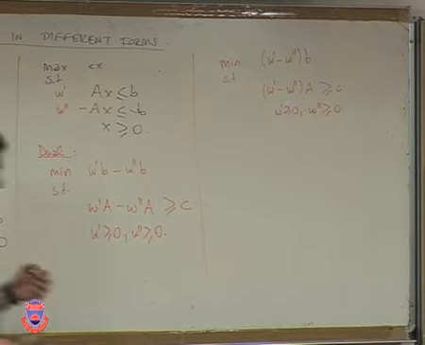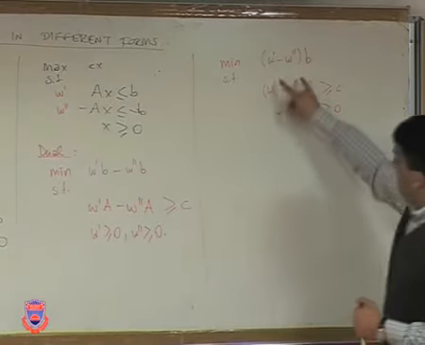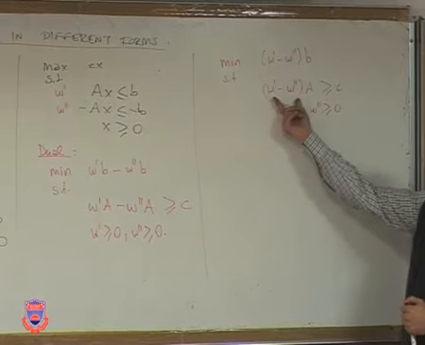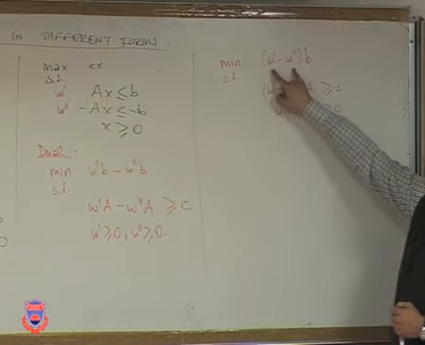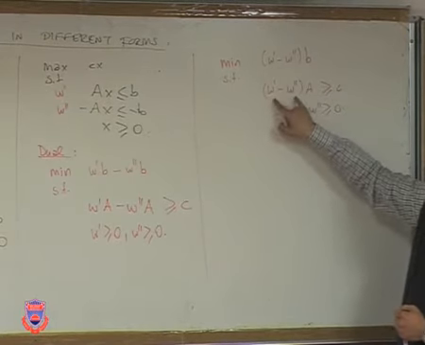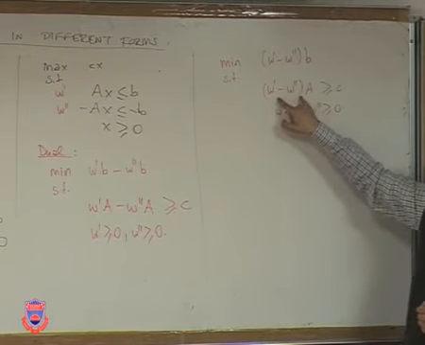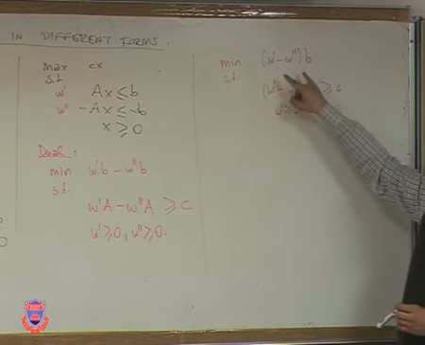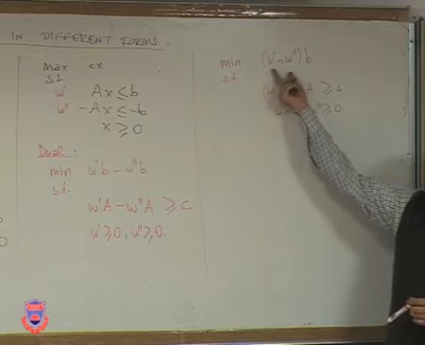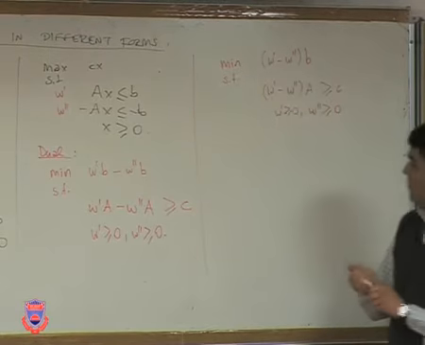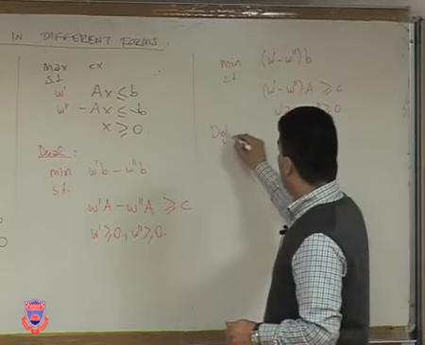Now, what's the advantage of doing this? Well, if I look at the objective function and the constraints, I always have W prime minus W double prime, right? Okay? So as a result, what I'm going to do is define a new variable and set it equal to this, basically. Okay? So let's define a new variable.